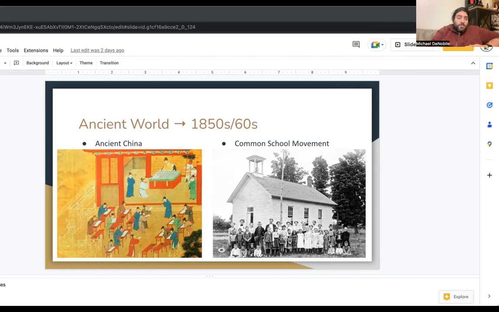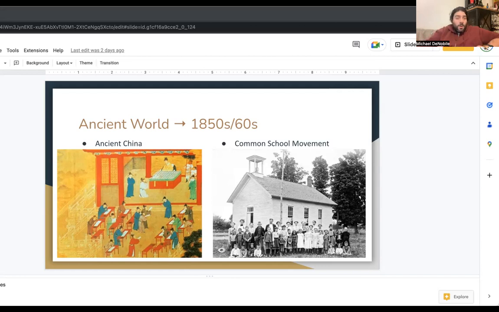Proponents of the common school movement looked to Prussia in Europe, and they saw that for 100 years prior, the Prussian school movement was able to create a citizenry that, through education, through public schools, would question the government less and less, in order to recruit them as adults, particularly men at the time, into the military.